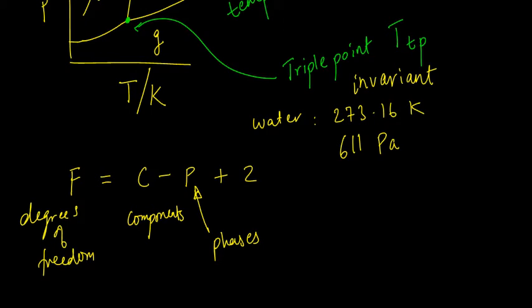For today's lecture, we'll stick to single component systems. So a component, for example, is water. Water is one single component. If it's a mixture of salt and water, then we have two components. Phase. Now, the definition of phase is very important.